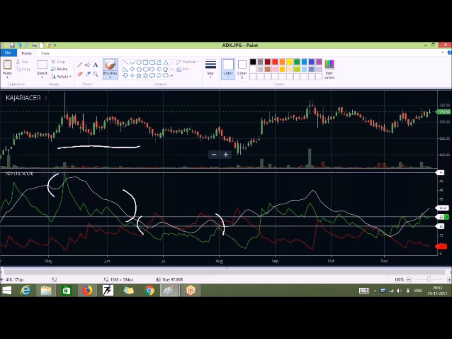Here, what we can find is that ADX was above 25 for 25 to 30 candles. Now we can see it comes from a trending market to a range bound market, and when it was below this level it became a range bound market.